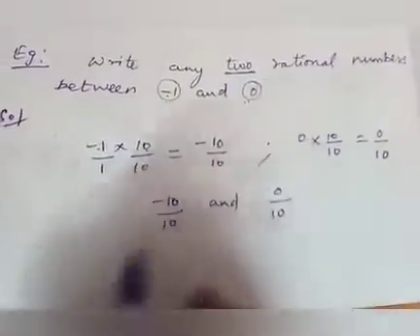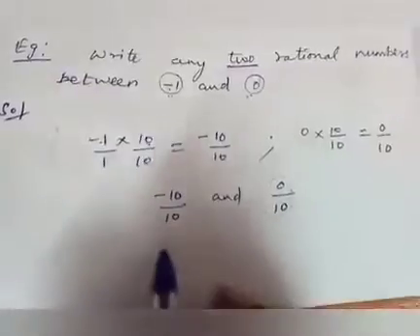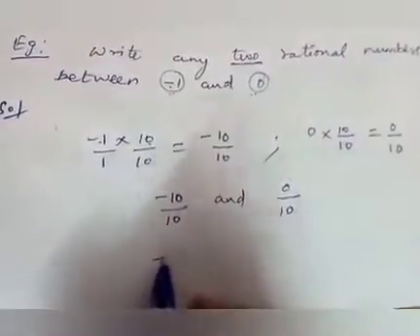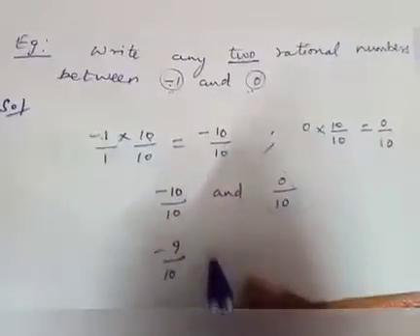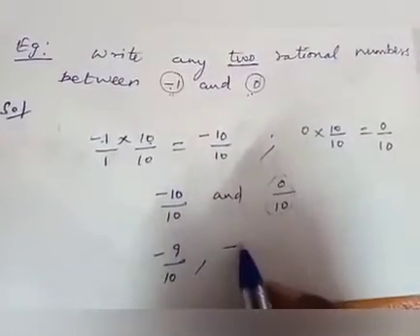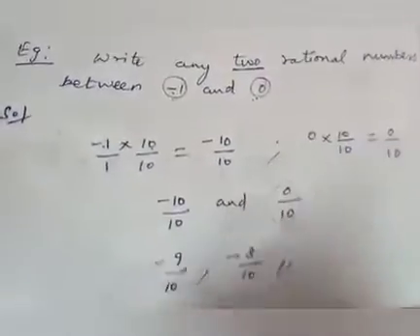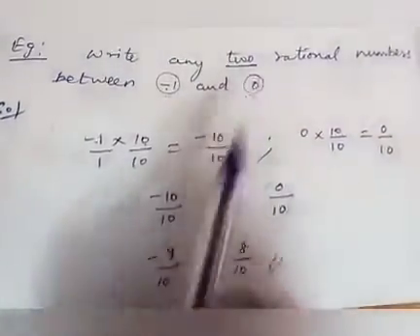So many numbers are there. The two rational numbers between minus 1 and 0 are minus 9 divided by 10 and minus 8 divided by 10.